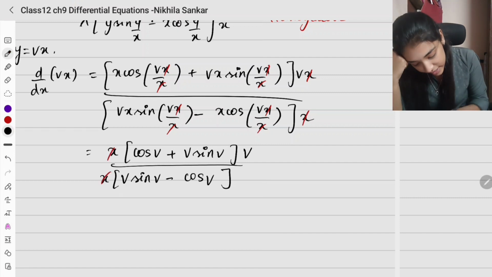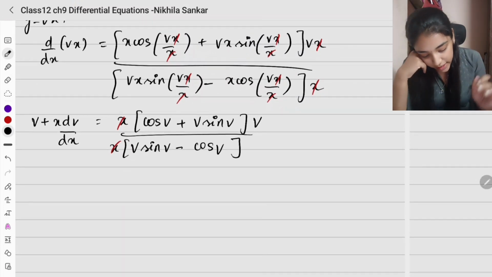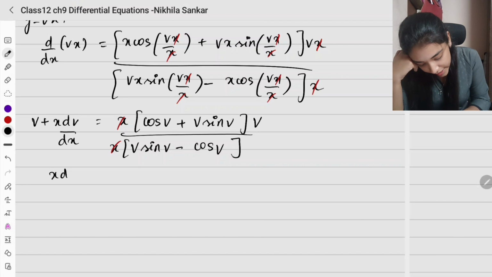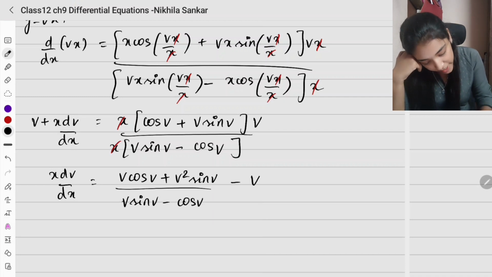On the left hand side, what is there? I have v dx by dx plus x dv by dx. Okay, now taking v to the other side, what will I have? x dv by dx equals, multiplying on top, v cos v plus v square sin v, the whole divided by v sin v minus cos v minus v.